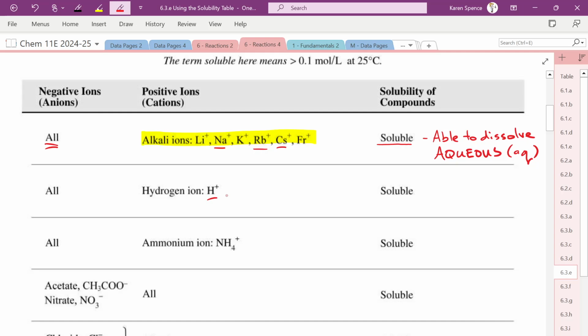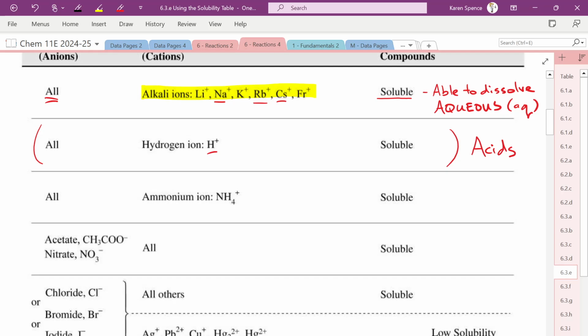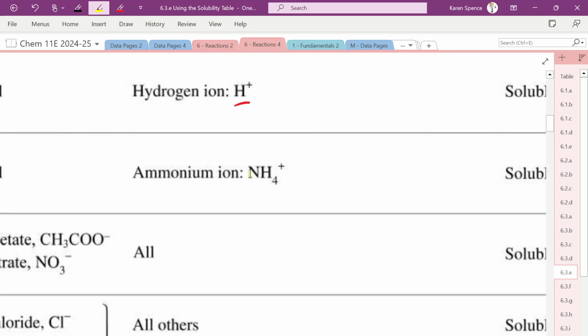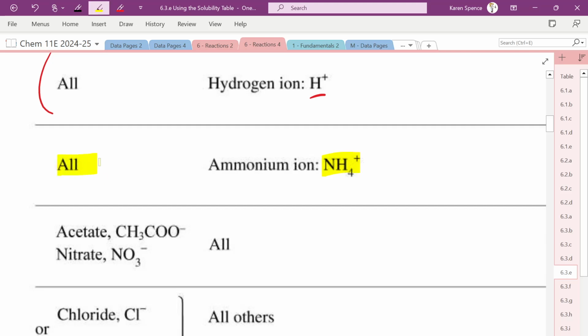Same thing with hydrogen, but hydrogen's a little weird. I'm going to put it in brackets because these are acids and they're a little bit different, but for grade 11, it's probably okay to just say H is soluble with everything. Okay? Ammonium, NH4, also soluble with everything. So, ammonium phosphate, ammonium oxalate, ammonium bicarbonate.